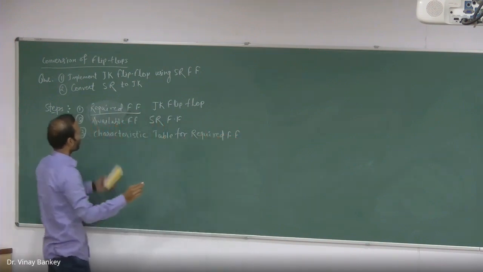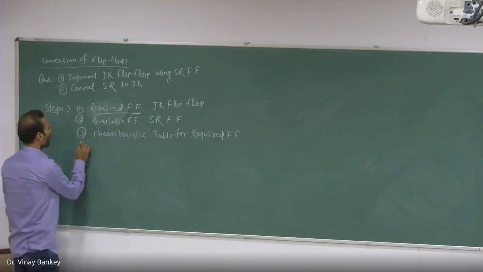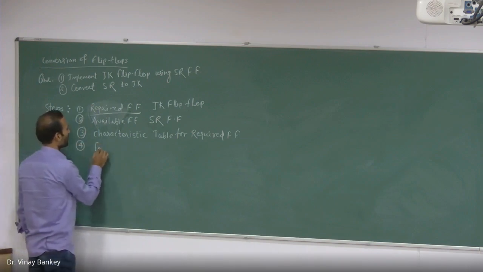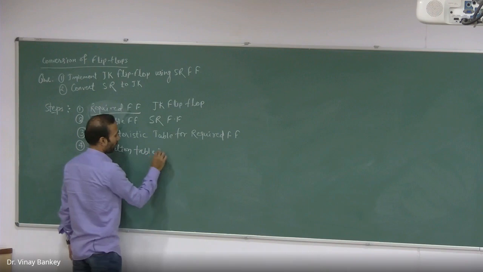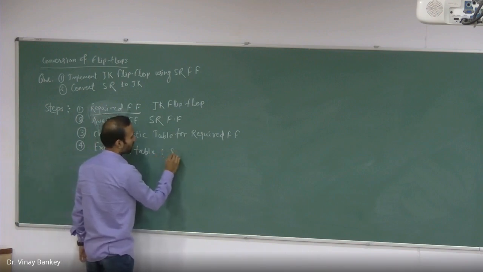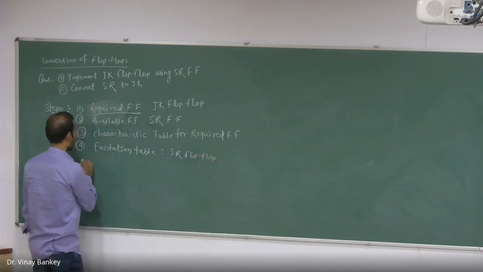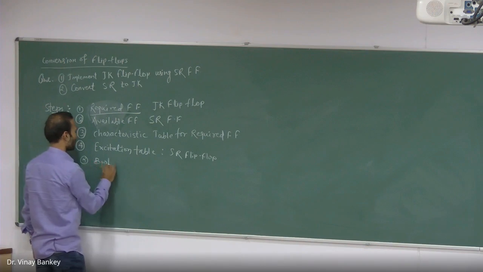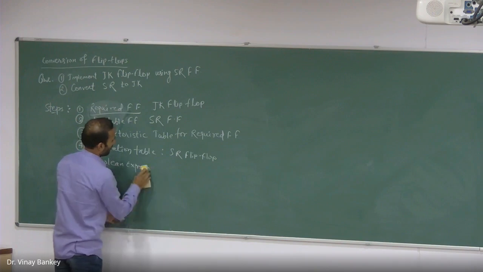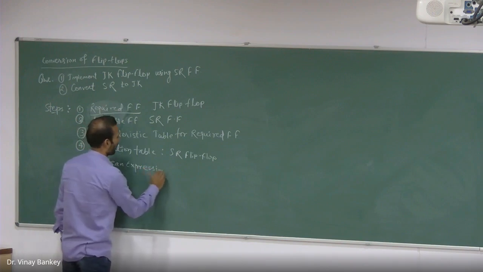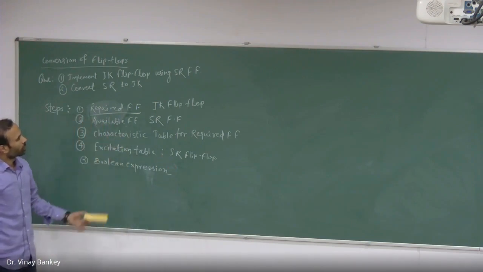So for this question, we will write the characteristic table for which? JK flip-flop, correct? And the fourth step was to write the excitation table for the available one, which is SR. And the last step was writing the Boolean expression in terms of the previous state and the input of the required one.